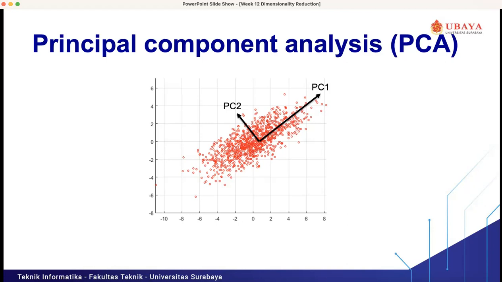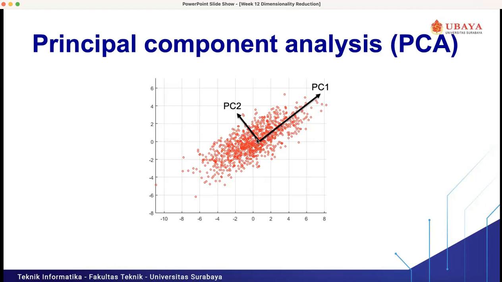Okay, so we have PC1 and PC2. PC means principal components. Principal components represent the variation or the distribution of this data. As you can see here, we have two distributions, in this direction and this direction, PC1 and PC2, right?